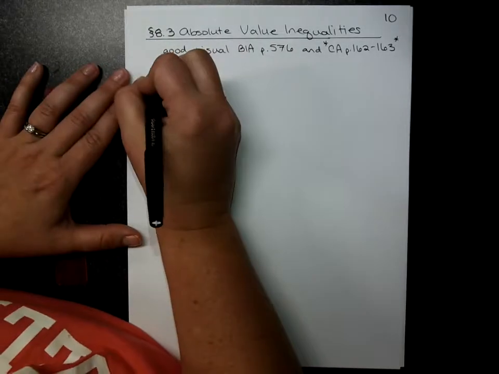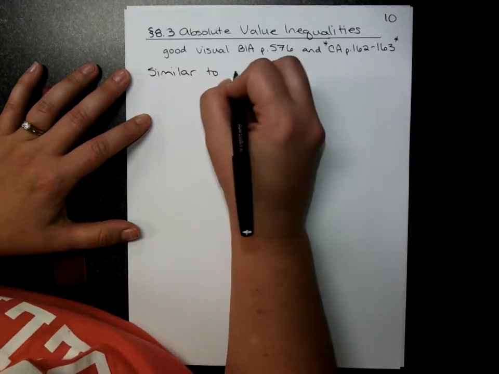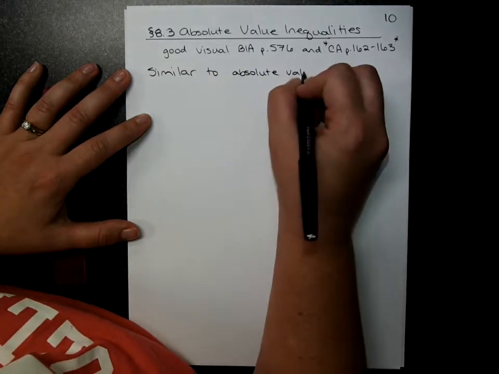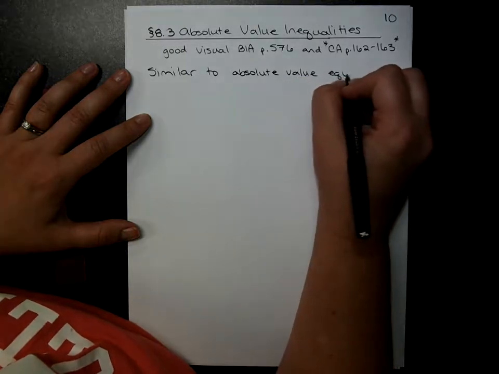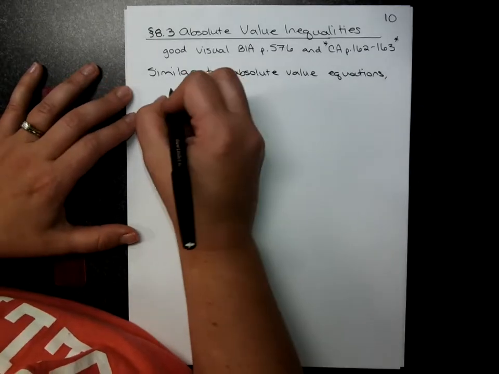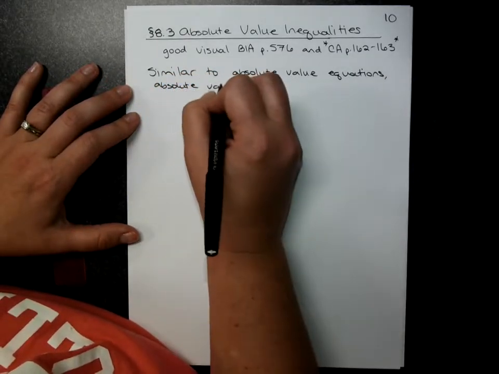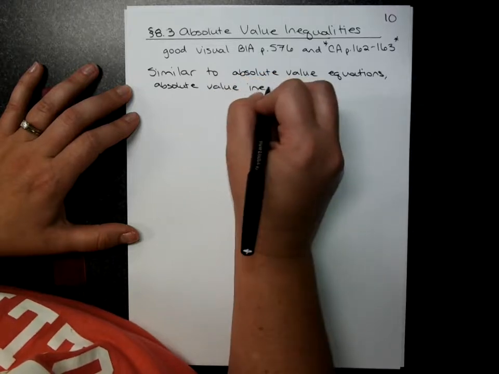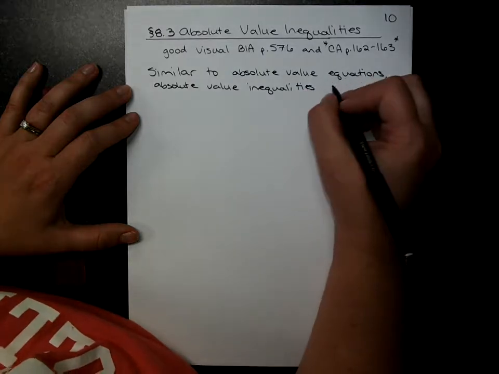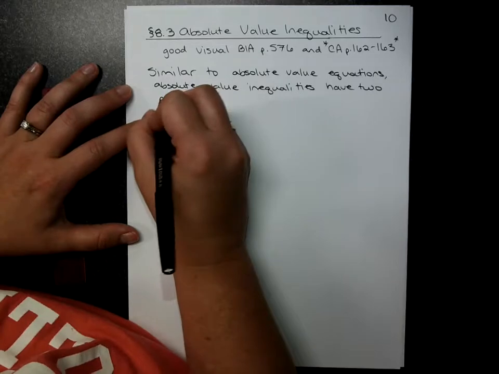Similar to absolute value equations, absolute value inequalities have 2 possibilities.